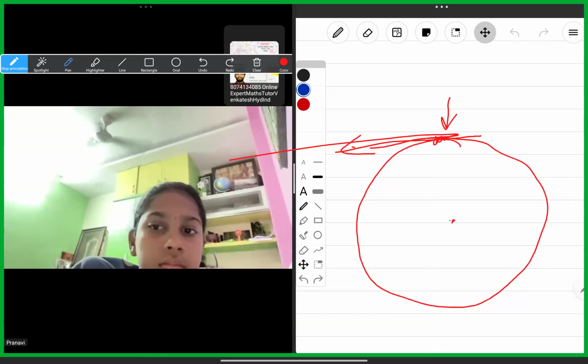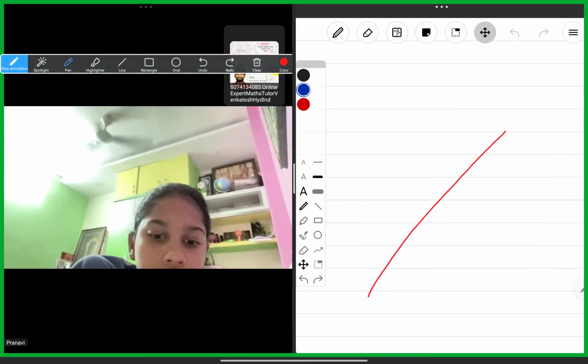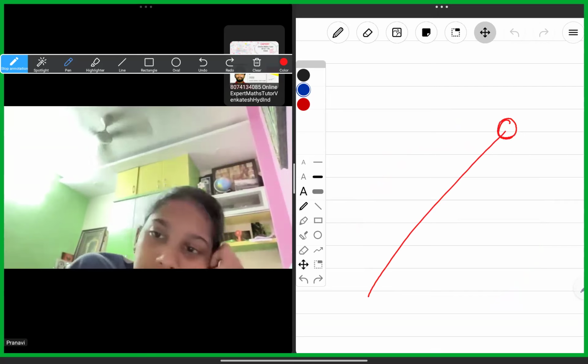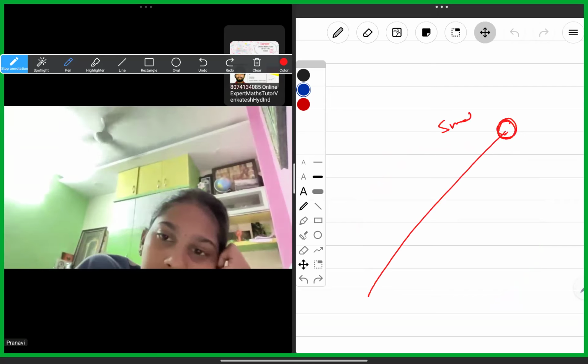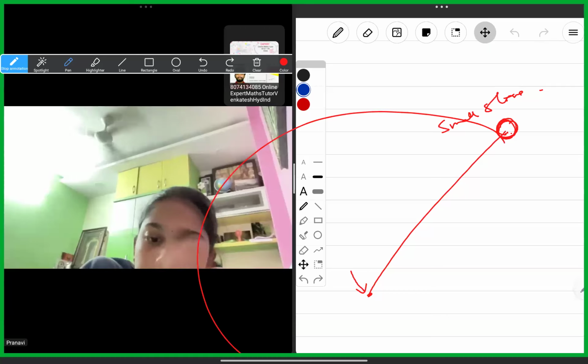We can verify this with a simple experiment. Suppose there is a thread, and you tie a small stone at the end of it, hold the thread and rotate it fast, then we get a circular motion.